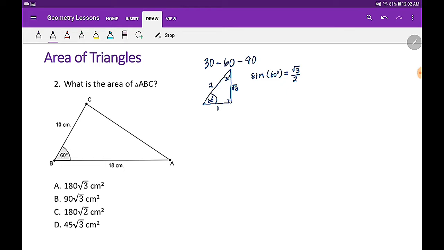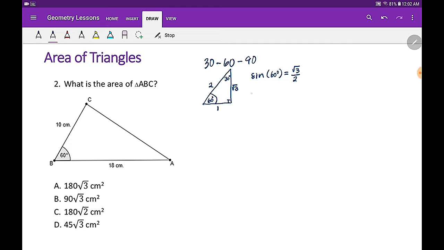So sine 60 degrees is square root of 3 over 2. Since all right triangles with a 60-degree angle are similar, every time you have a 60-degree acute angle in a right triangle, the sine ratio for that is square root of 3 over 2. Keep that in mind.